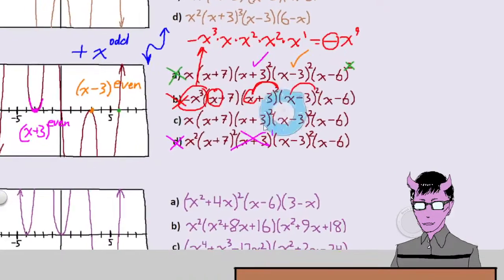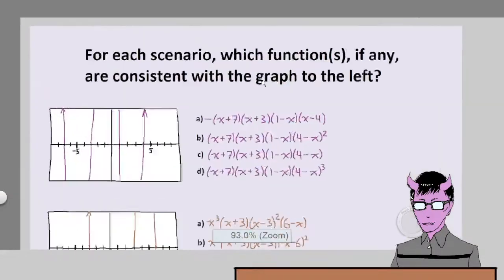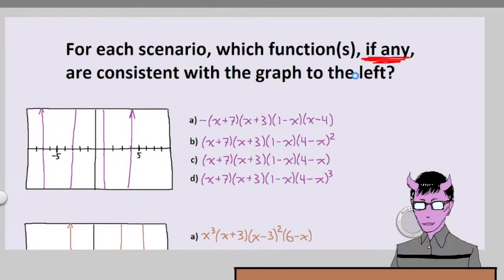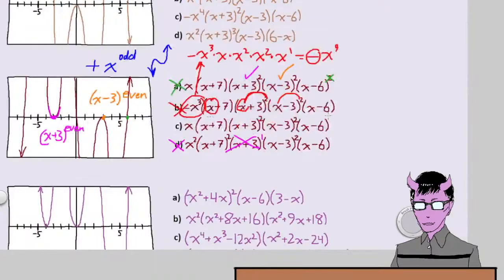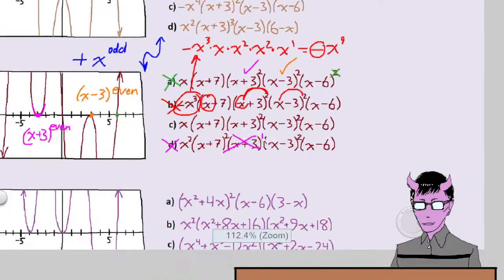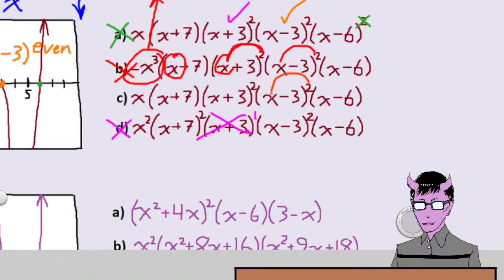Which probably means that choice C is correct, right? But don't assume that, so we should double check the end behavior for this one. Alright, so checking the end behavior, this one distributes, partial distribution. This is just exponent 1.